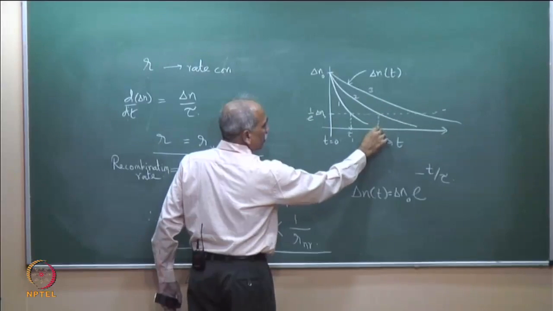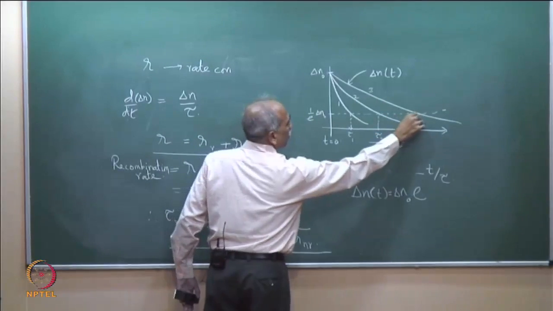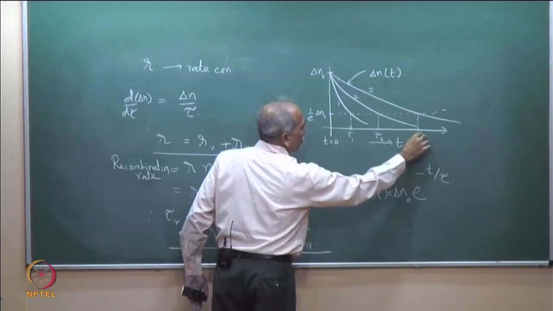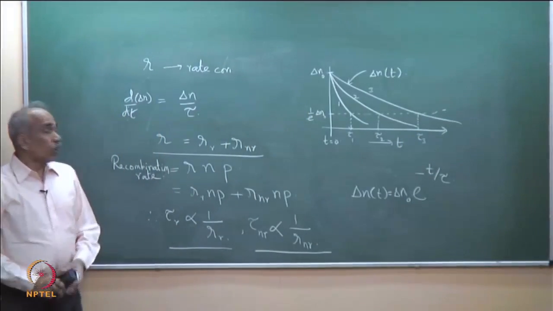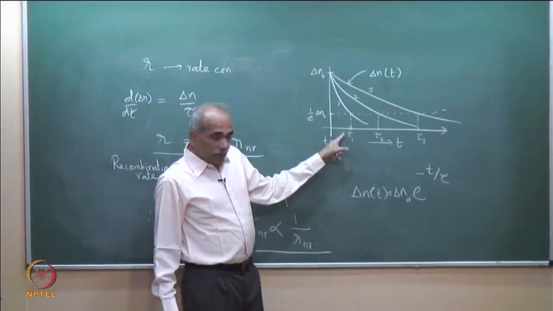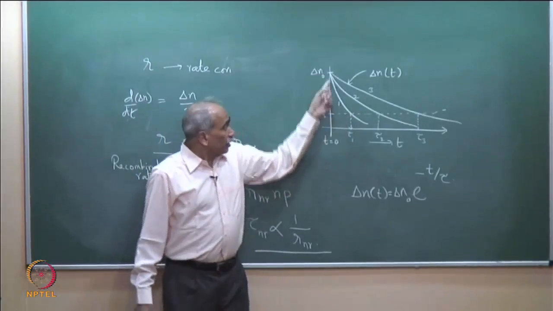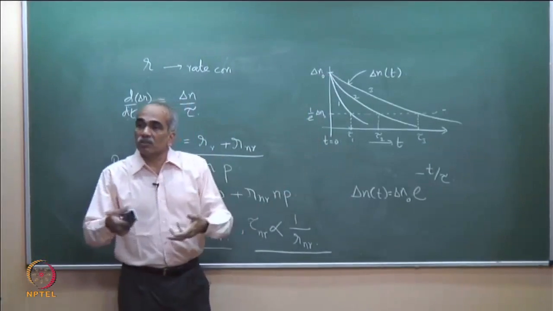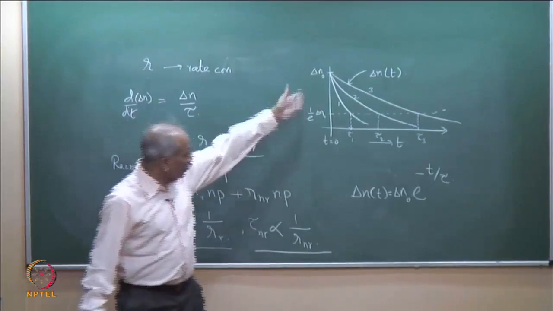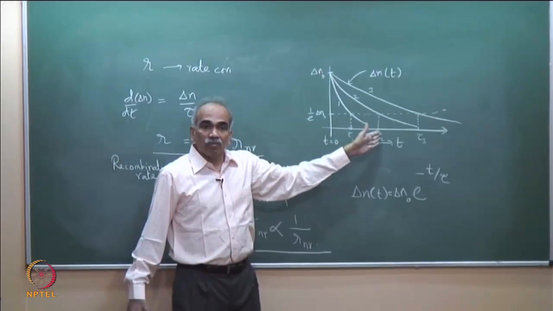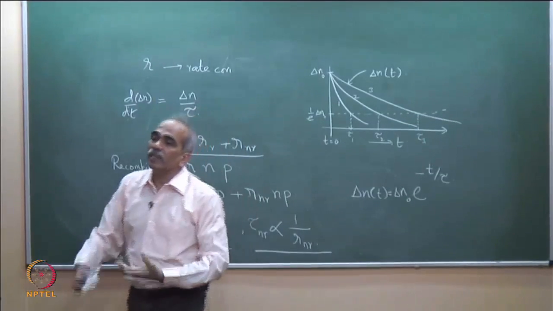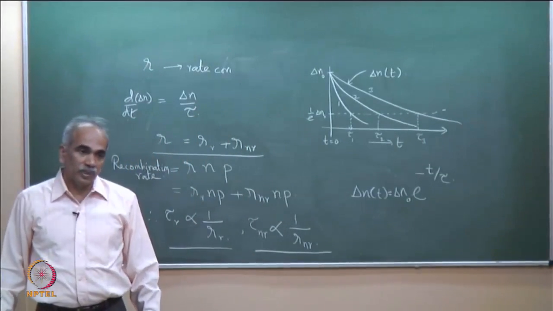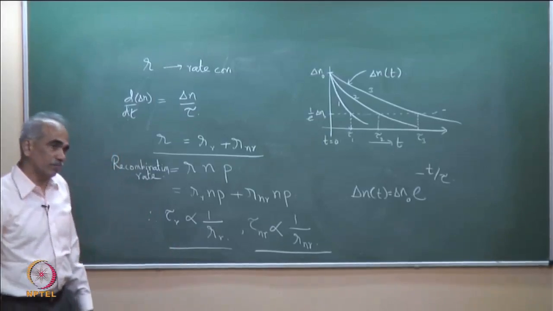This is tau 2. Just to recall the picture of this time constant, recombination lifetime. What it means is, if tau is very small, which means the recombination rate is very fast, they are recombining very fast, therefore, the lifetime is very small. If tau is very large, it means the recombination rate is very slow.